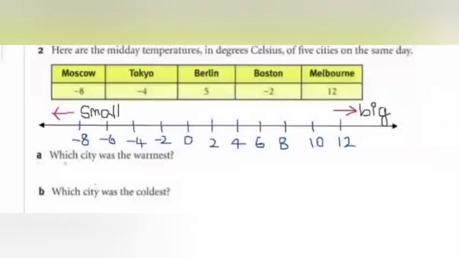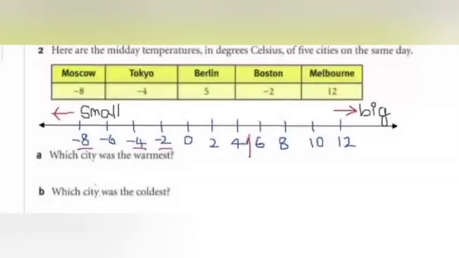So we go to the first question, A: which city was the warmest? The same way, I'm going to mark it with the red color, marking all the degrees in the number line first. So -8 is here. I'm marking -4, and then -2 is also there for Boston, and 5 will be somewhere in between 4 and 6.